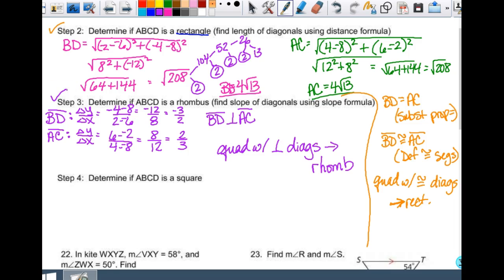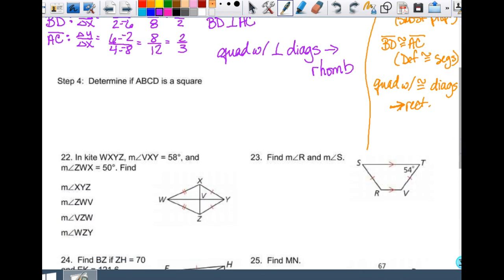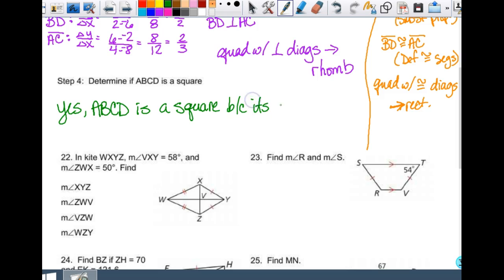Then I determine if it is a square. The answer is yes, ABCD is a square because it's a rectangle and a rhombus.